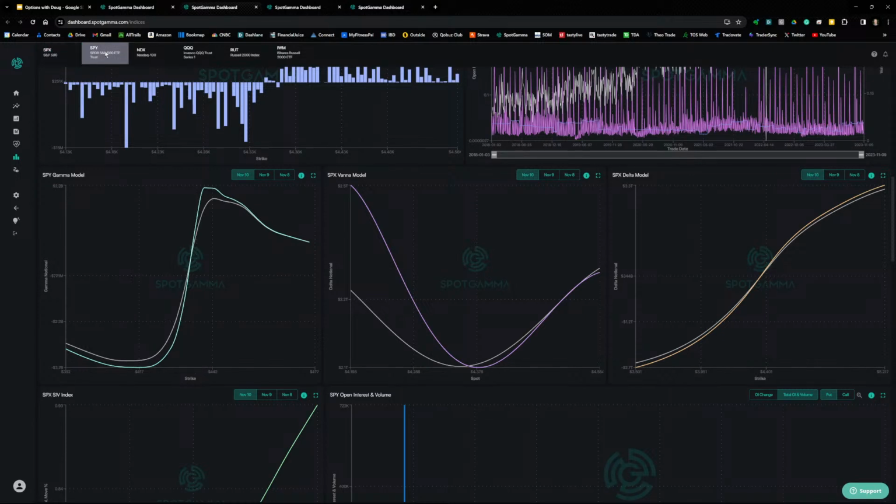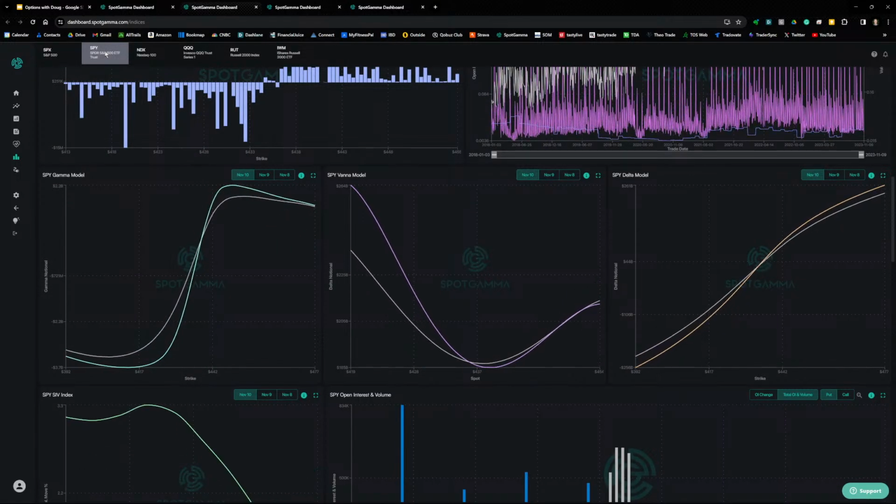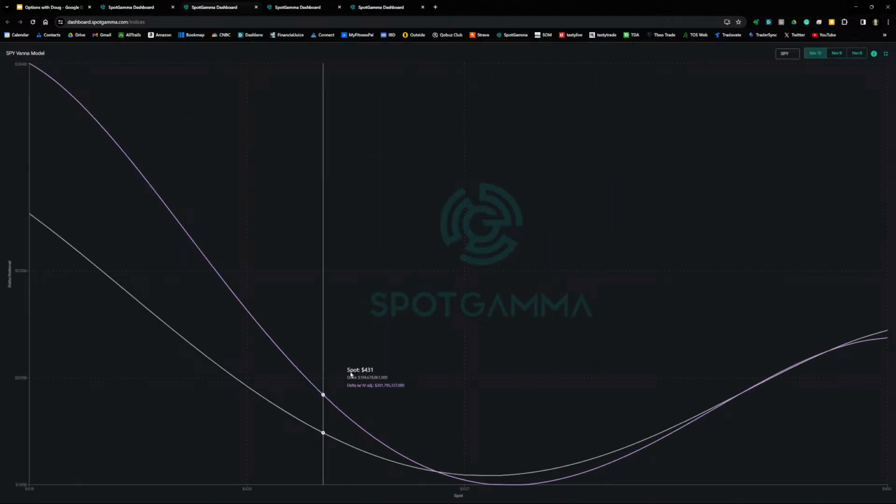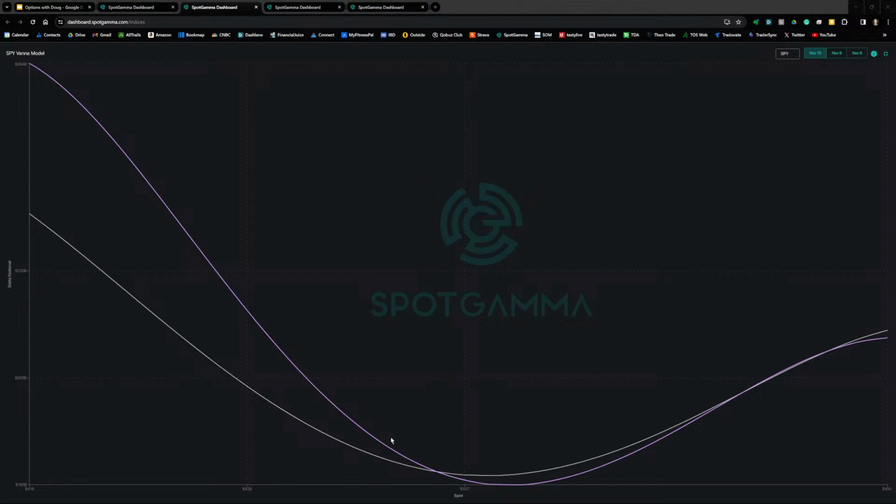Remember, gamma notional for SPY was much more negative. SPY, the low of the day, was right around 434.50. So right around here. We'll just zoom in on this. So a little bit more potential in a more negative gamma position to begin the day.